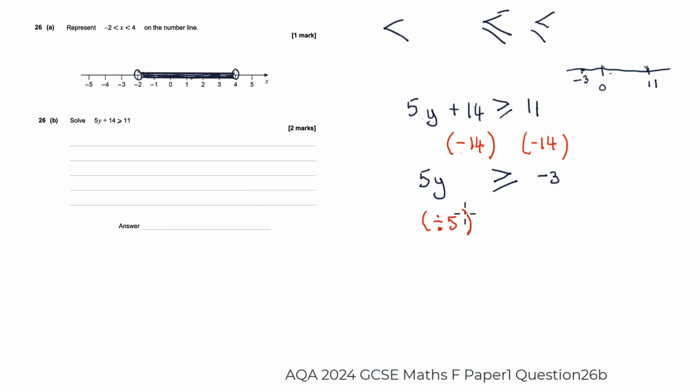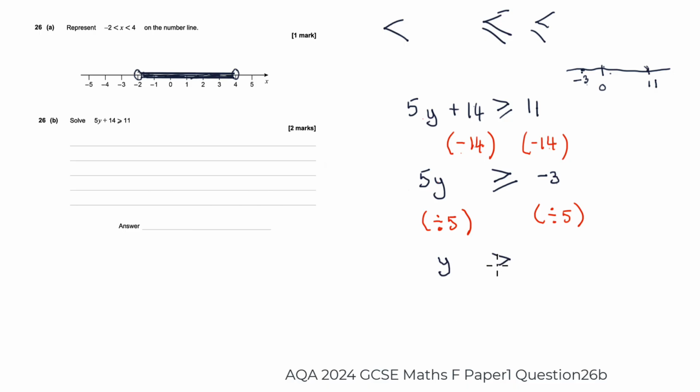If I do that to the left-hand side, I must do the same to the right-hand side. So let's do that now. So we have 5 lots of y, and we find a fifth of that, we'll only have 1 lot of y.